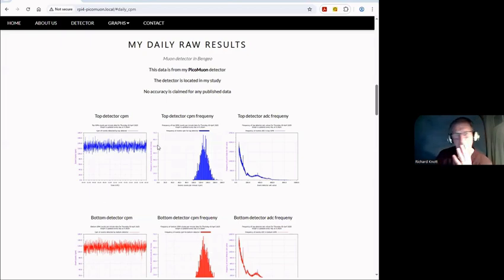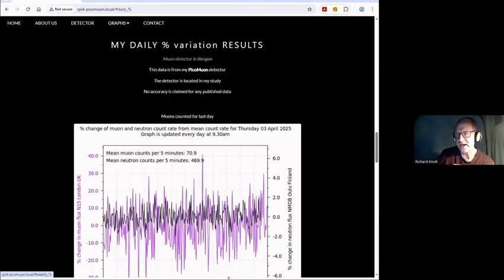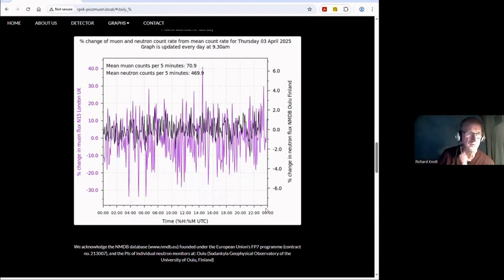Well, what about correlation to other public data sets, I hear you ask? Well, there are three additional graphs that we look at this moment. We can look at the daily variation of muon counts, and here I've binned it in 5 minutes, and the percentage daily variation of muon counts also binned in 5 minutes, because I'm interested as to whether the secondary cosmic particle muons and the secondary cosmic particle neutrons have some correlation.